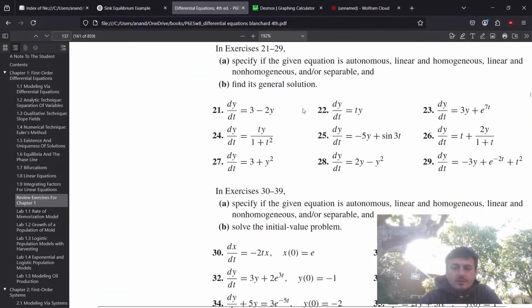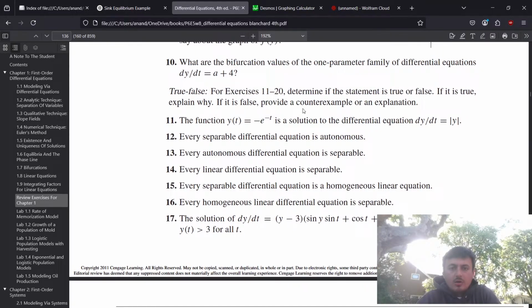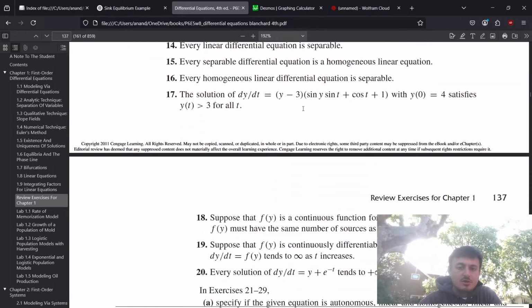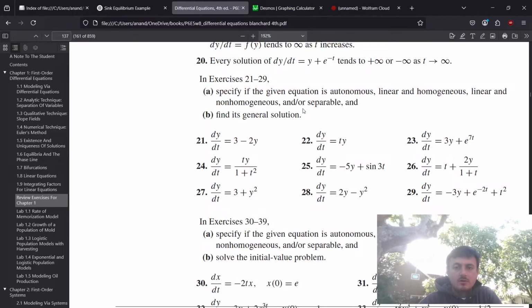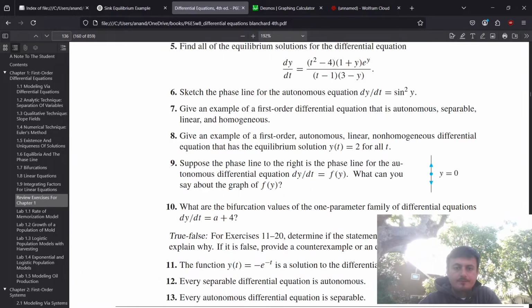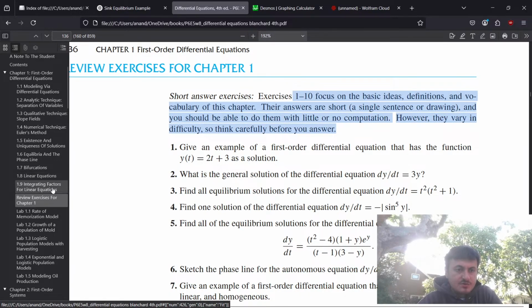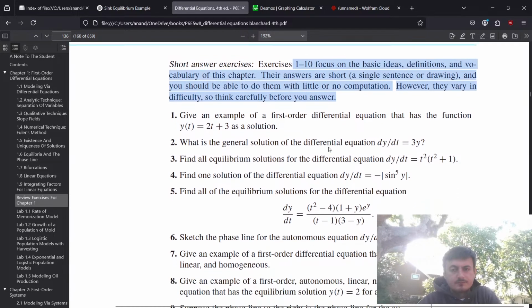Let's see what's in here. Oh, true false stuff. True false is great. True false questions are really powerful. We'll do those. Okay, basically these are definition and vocab. So we're skipping 2 sections, but that's okay.